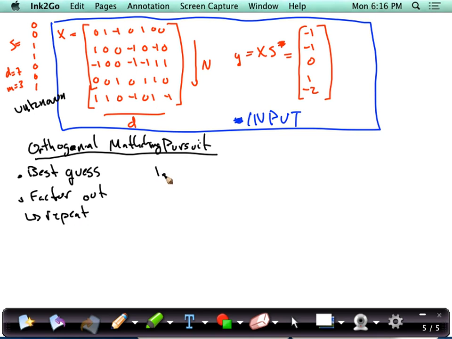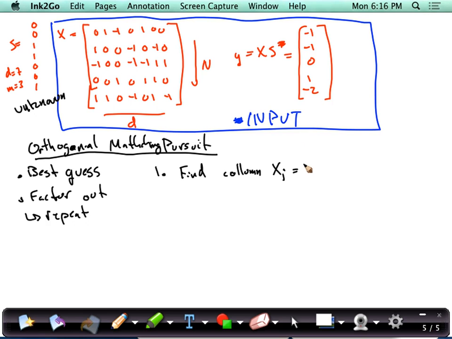So the first thing I want to do is find the column xj, which is my best explanation of which column. Each column here corresponds with one of these entries in S. Each column is going to affect all of the measurements, right?